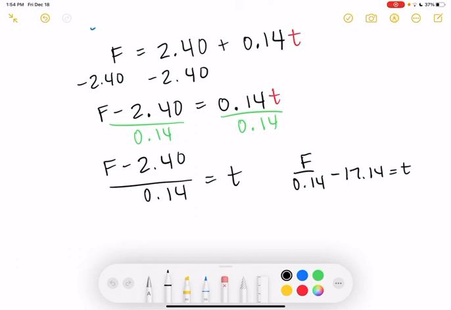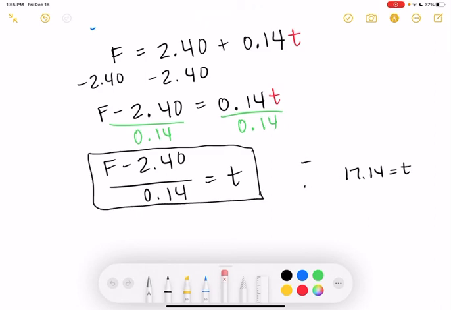If that's what you ended up getting, that would be okay. It might be just a teensy bit off because to get that 0.14 with the 17, I did have to round a tiny bit. So I would prefer this one here since we had to do the rounding. Okay, so I'm going to erase that.